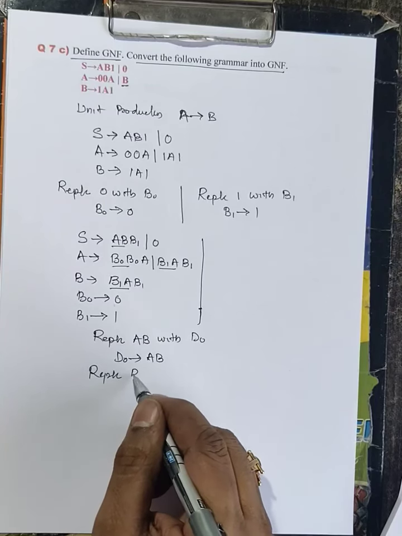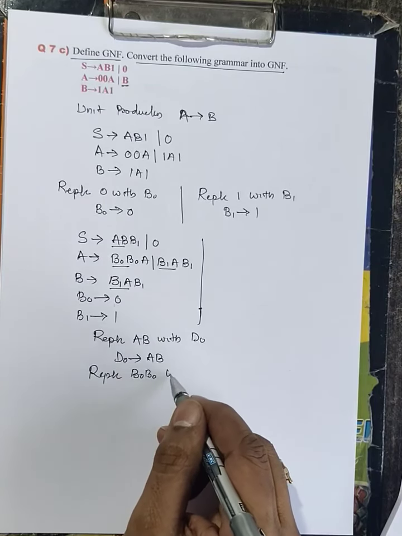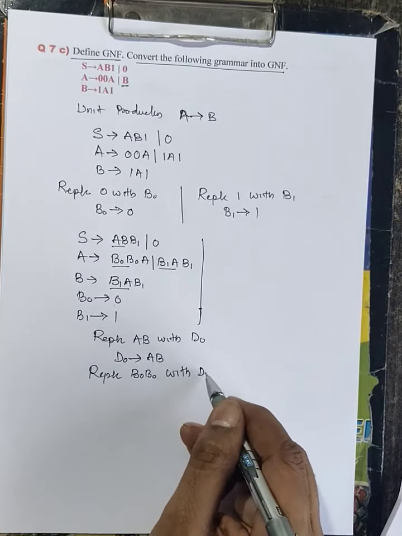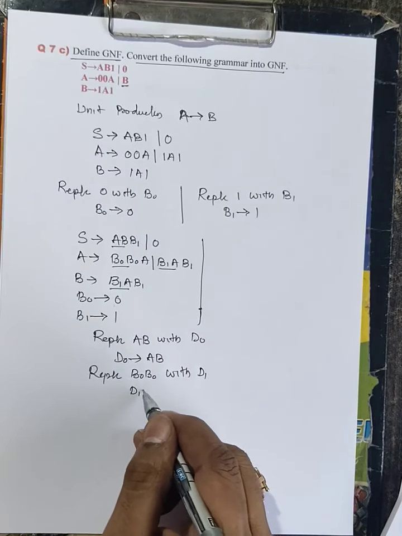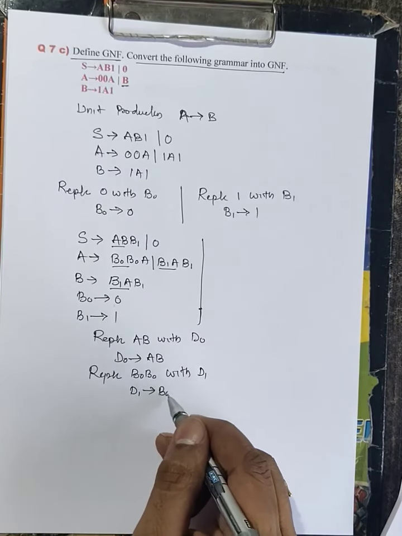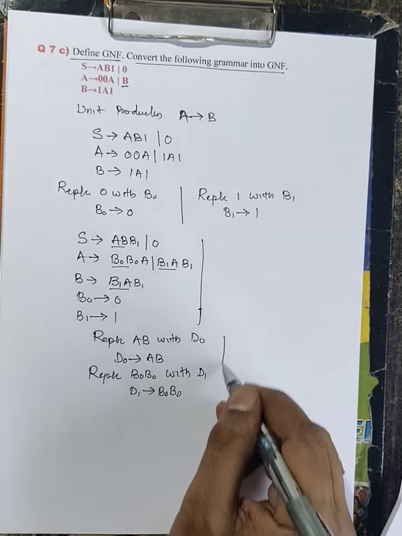Next, replace B0 B0 with D1, so D1 produces B0 B0.